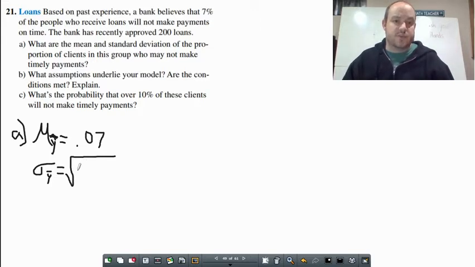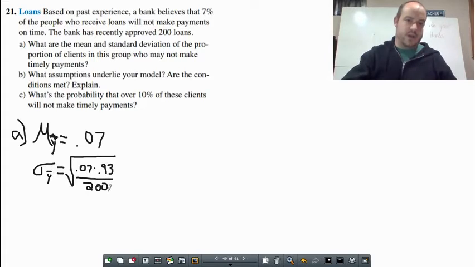So in this case, we know p is 0.07. We know that q is 0.93 by just doing 100 minus 7. And that's going to be divided by our n, which is 200.